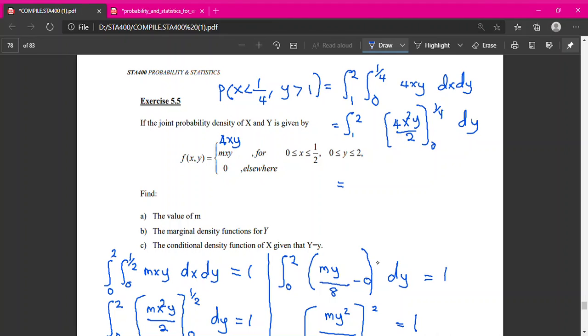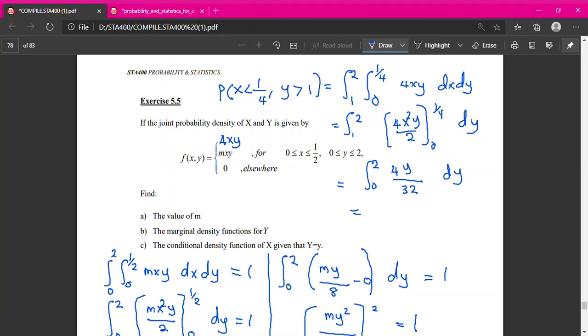So, apa yang akan dapat dekat situ? 4y divide 4 square. 4 square is 16. 16 multiply 2, 32 minus 0.